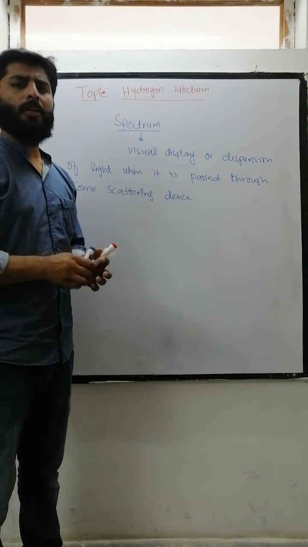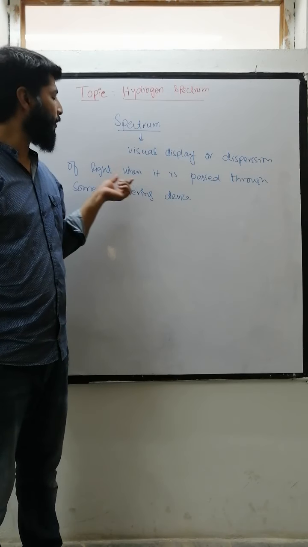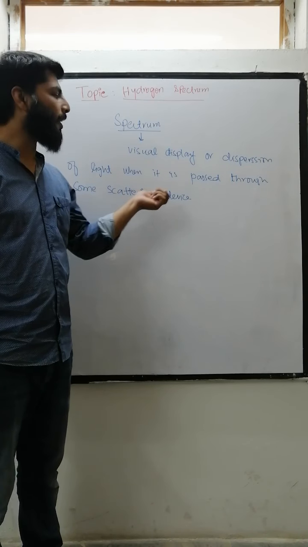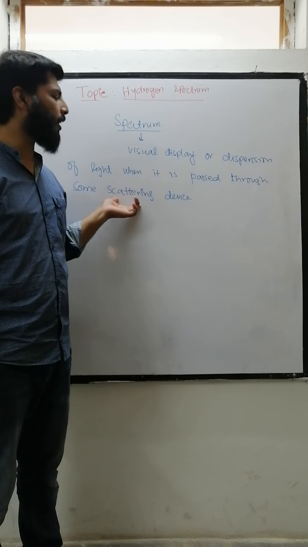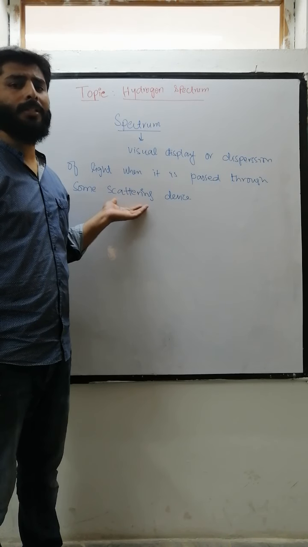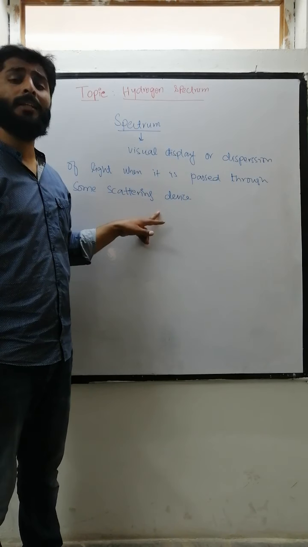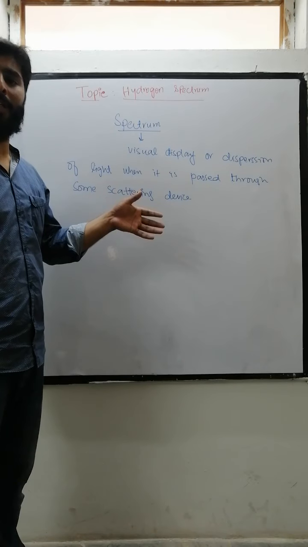The visual pattern which is obtained when light is passed through some scattering device. You can use any scattering device. The most common one is the prism. When light is passed through the prism or any other scattering device, it is scattered into different components.